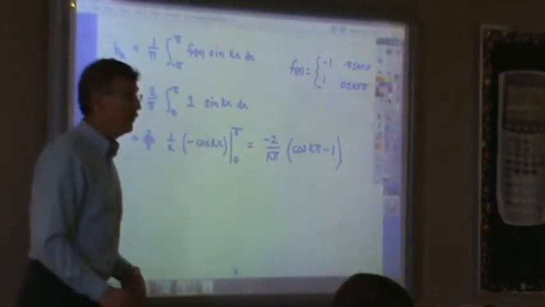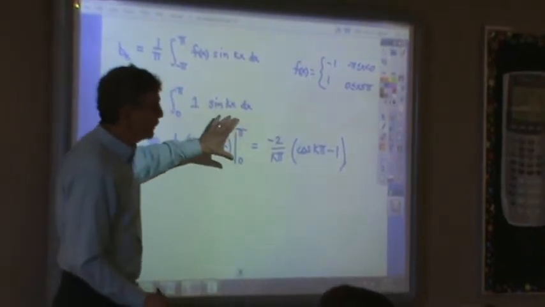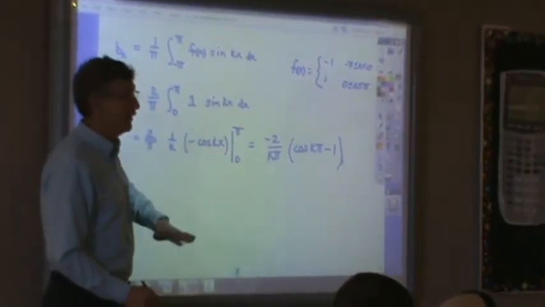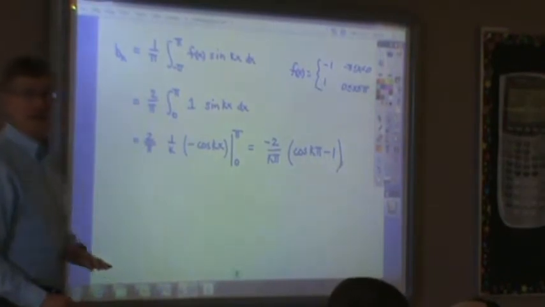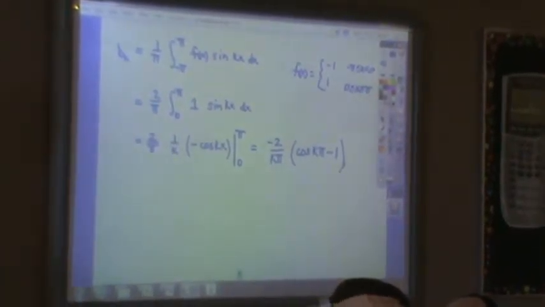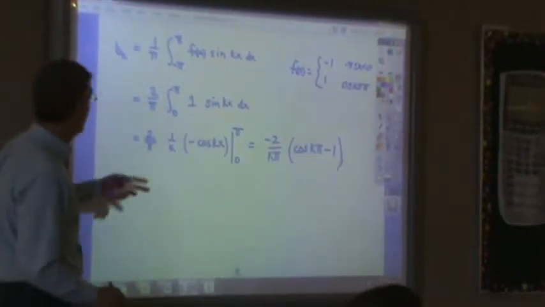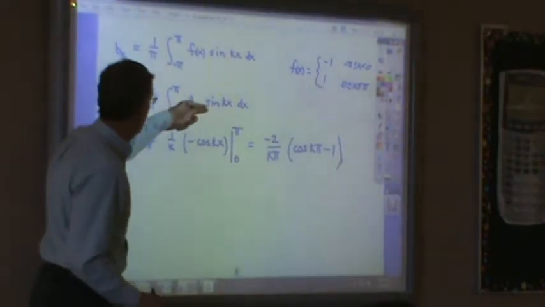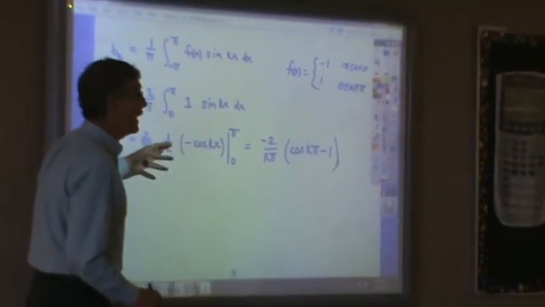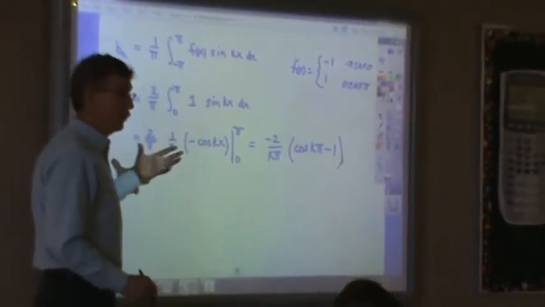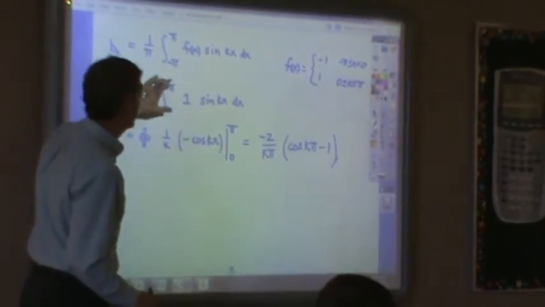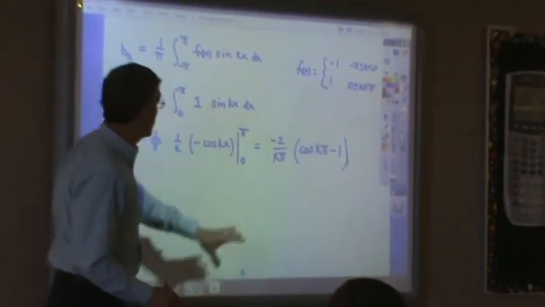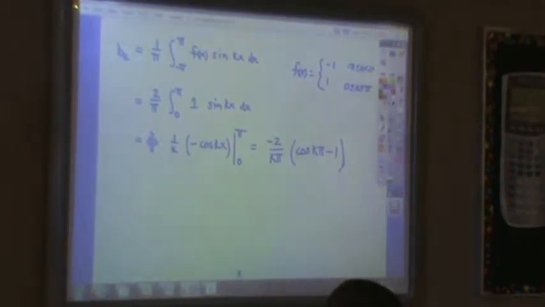There's no more integral symbol though, because we've done the antiderivative, so we don't need that anymore. But now we need to denote in some way that we're evaluating the antiderivative at these two bounds. That's the standard notation right there.